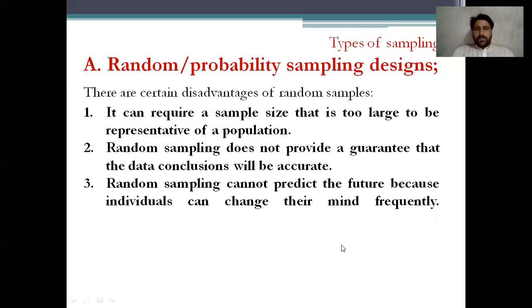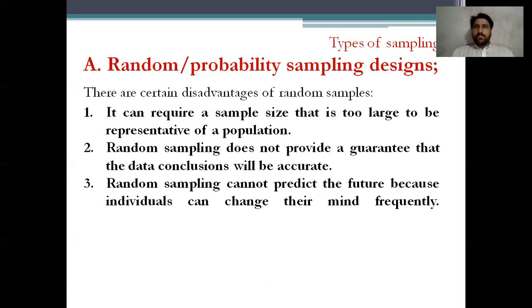It cannot predict the future, because individuals can change their mind frequently. Let's say you are collecting a sample, there is some questionnaire, some data being taken and extracted, and based upon that data you cannot predict the future. With random sampling, the data varies. It is only applicable to the point in time at which you have collected the data.